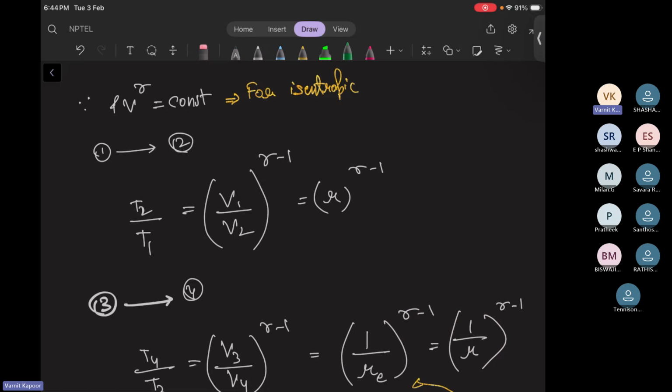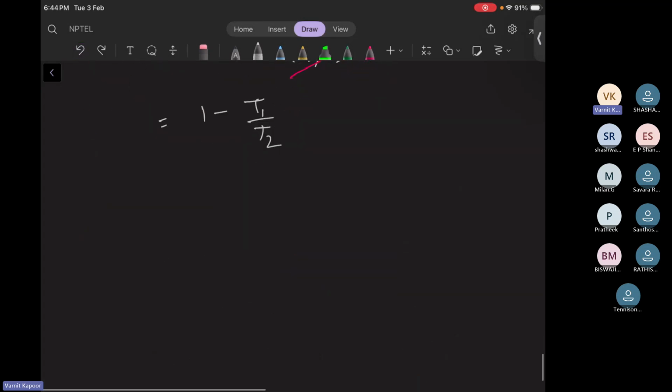We have T2 by T1 is this. So T1 by T2 is 1 by R to the power of gamma minus 1. So it will be 1 minus 1 by R to the power of gamma minus 1. And this is your final efficiency in terms of compression ratio. That is your air standard efficiency, or efficiency of an Otto cycle.